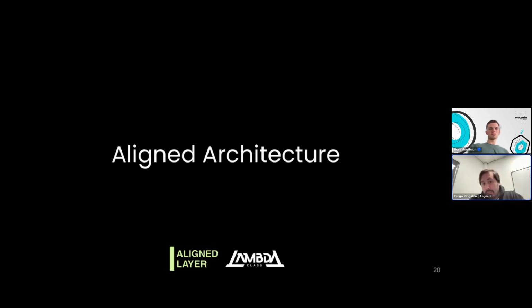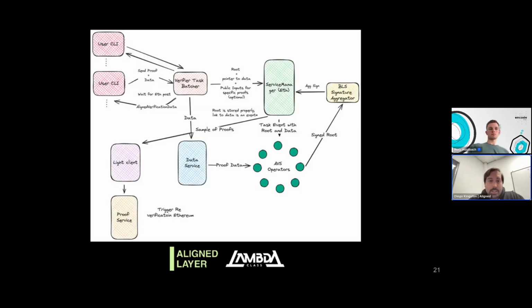Let's jump a little bit onto the Aligned architecture. This is the diagram right now. The user is going to interact with something called the verifier task batcher with a CLI. The idea is, from the user's point of view, I am going to send the proof and the data to this task batcher.